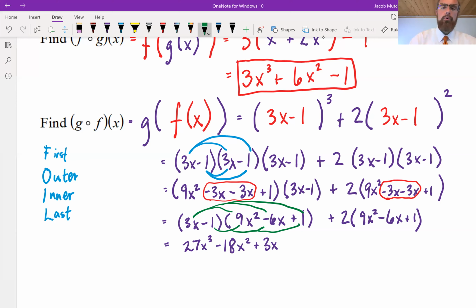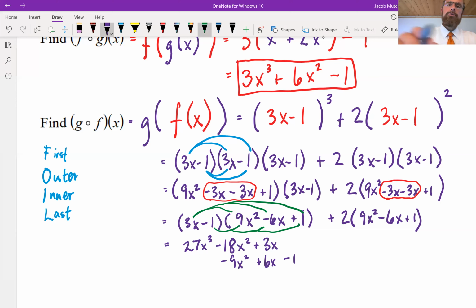And I'm going to record the values underneath the term that they would combine with from my first distribution. So negative 1 times 9x squared is negative 9x squared. Notice I'm lining up the x squared terms. Negative 1 times negative 6x is plus 6x. I'm lining up the linear terms. Negative 1 times positive 1 is minus 1.